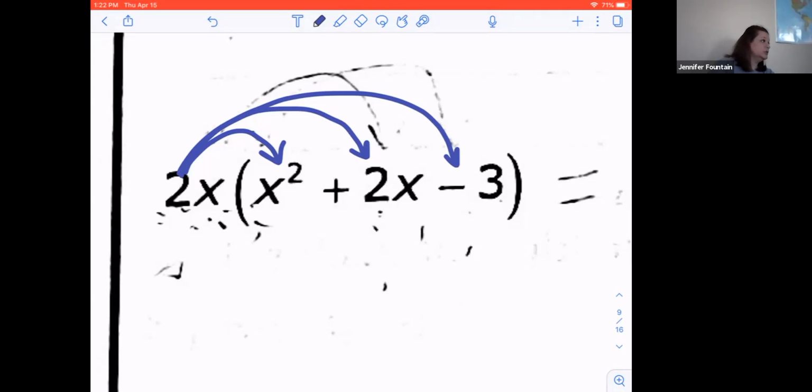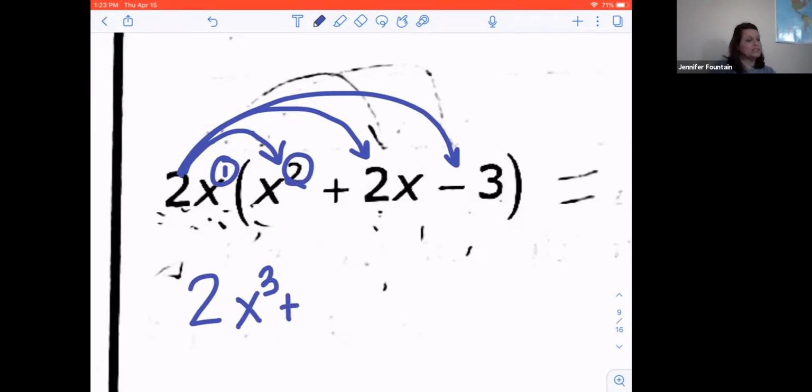What's 2 times 1? 2. What is x times x squared? Remember, I understand that my exponent of x is 1. So that means I add these exponents, and 1 plus 2 is what? 3. So 2x cubed.